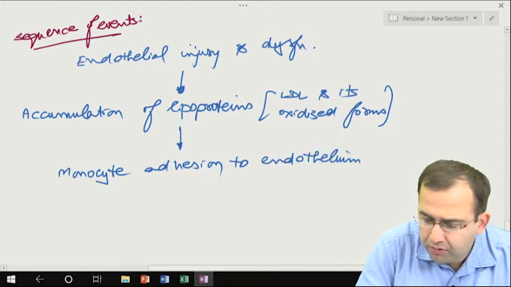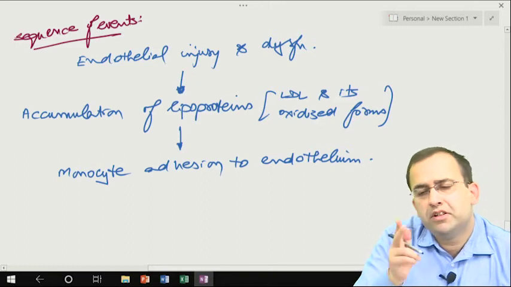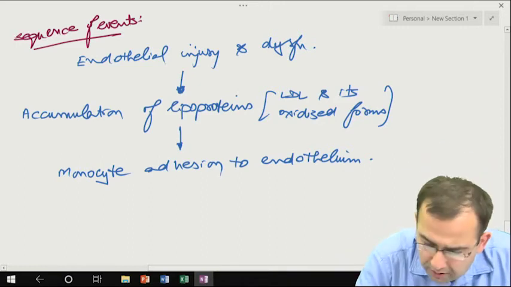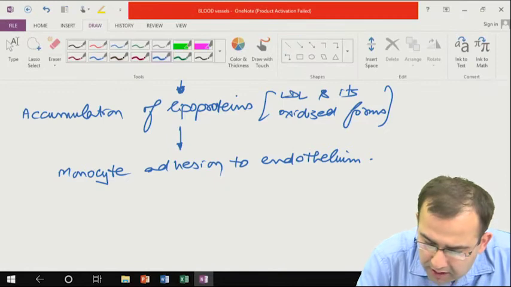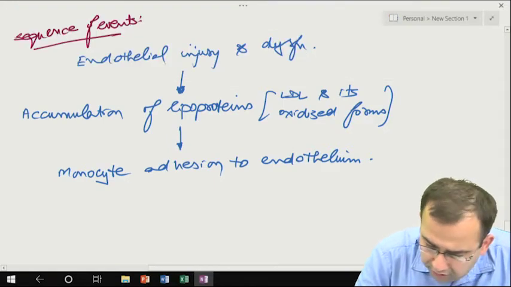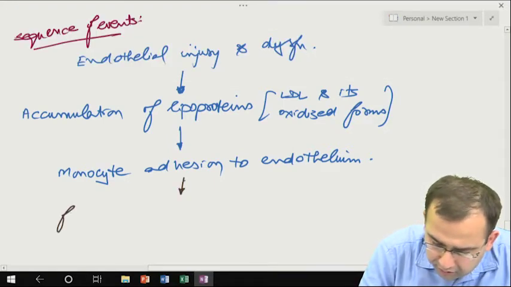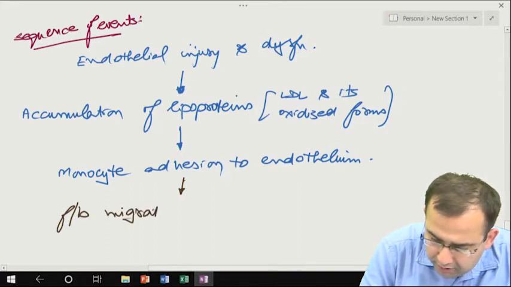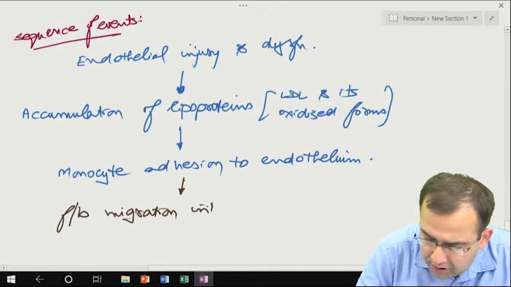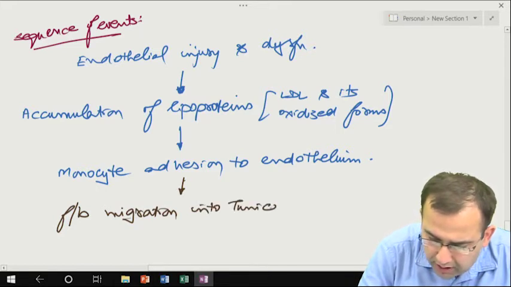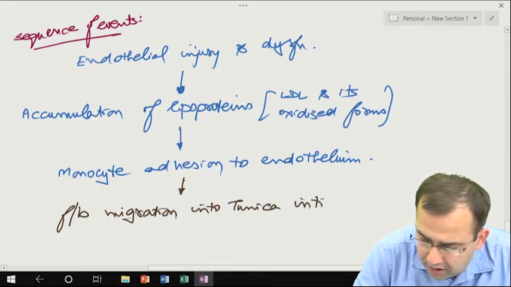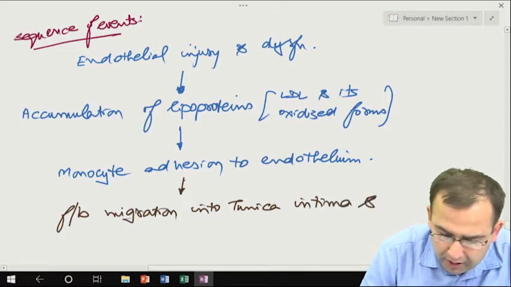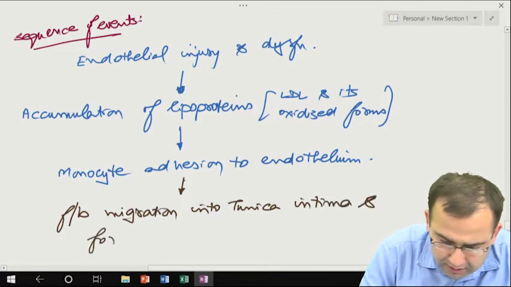What are monocytes? They are the circulating macrophages. Macrophages of the blood are called monocytes. Monocyte adhesion to the endothelium is followed by migration into the intima and formation of foam cells.